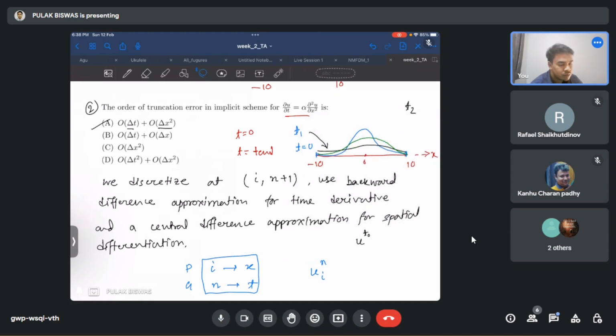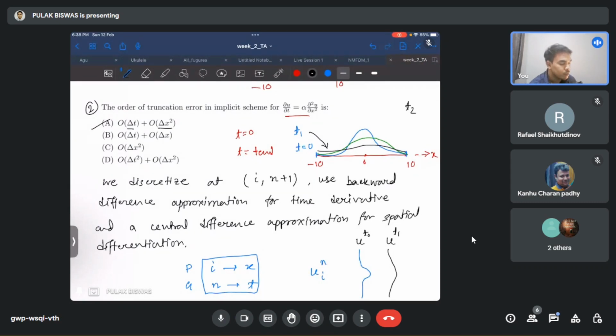So your initial condition will be this blue Gaussian, and your solution vector at time t1 will be this black Gaussian.